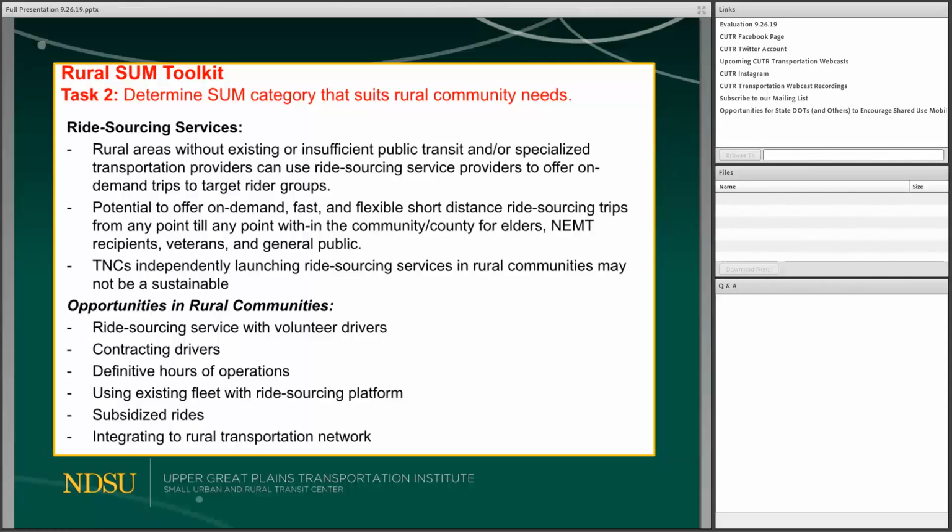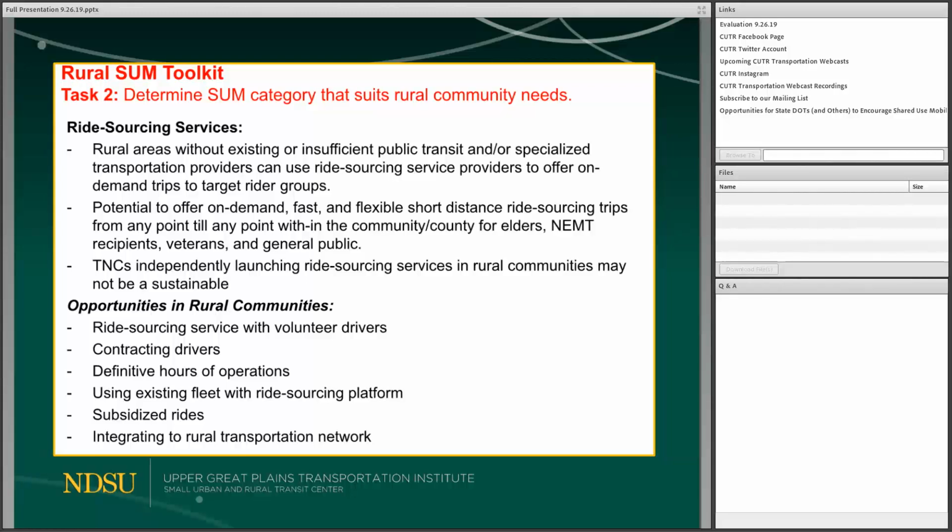It is very important for ride sourcing services to partner with public agencies while working on grant funding. Also, most ride sourcing providers are not aware of the unique rural transportation challenges. So public-private partnerships and working together is key for potential ride sourcing service implementations in rural areas.